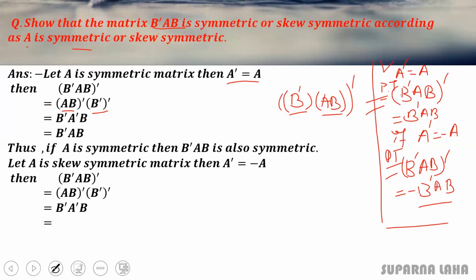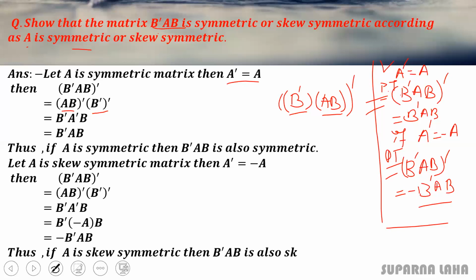So it will be given by B transpose into minus of A into B, since A transpose is minus A, since it is skew symmetric. So we can write minus of B transpose A into B. That means for A skew symmetric, this matrix B transpose AB is also skew symmetric. So that's the proof.